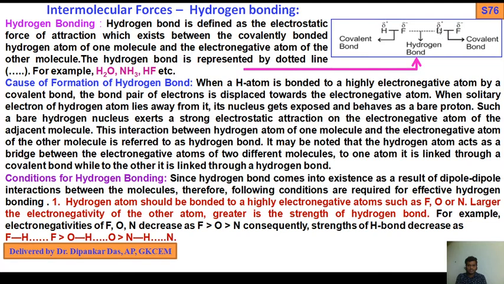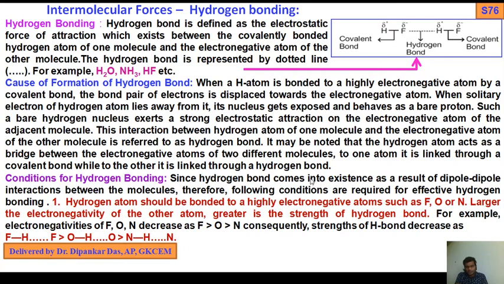You see, this hydrogen atom acts as a bridge between the electronegative atoms of two different molecules. To one atom it is linked through a covalent bond, while the other is linked through a hydrogen bond. You see, it acts as a bridge with this more electronegative fluorine, which is already attached to another hydrogen through a covalent bond.